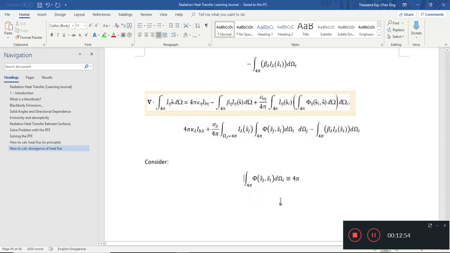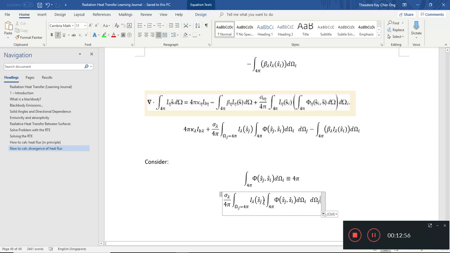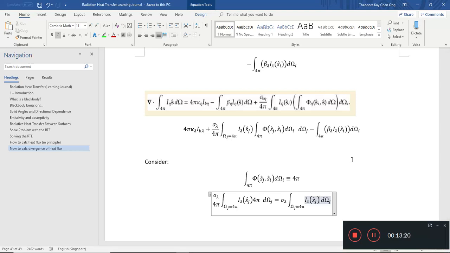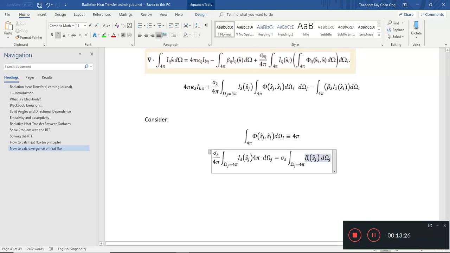Since that is 4 pi, very conveniently we can just replace 4 pi here, and of course we can bring 4 pi outside, and that will be just equal to this sigma, and you'll just get the incoming radiation from direction j integrated over all solid angles.